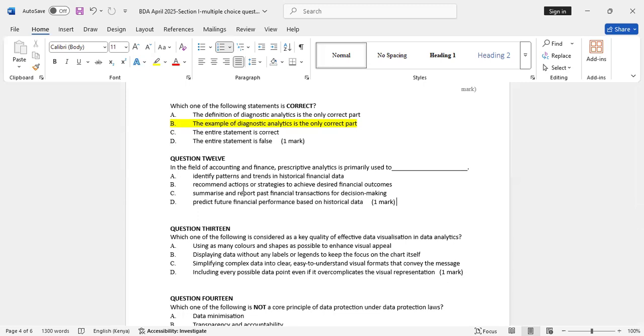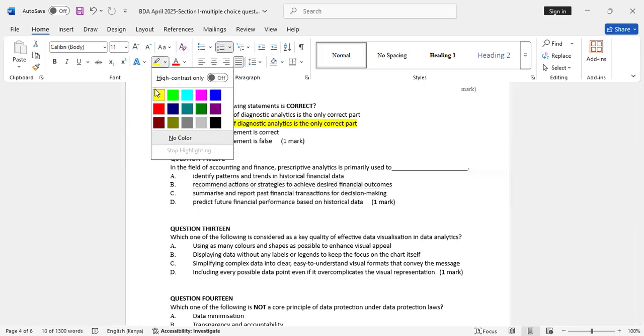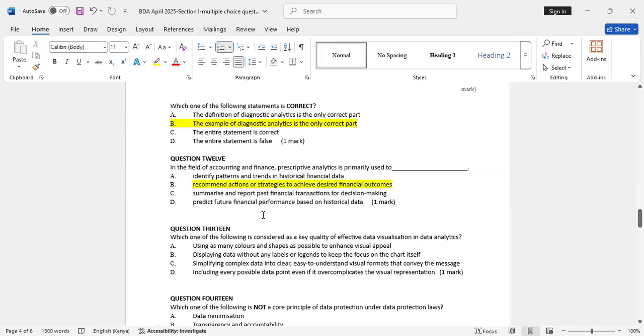To prescribe is to recommend actions or strategies to achieve desired financial outcomes. Automatically, I'll go with B as the correct answer. I won't even go further, because prescriptive is all about recommending action. Let me read C, summarize and report past financial data for decision making.